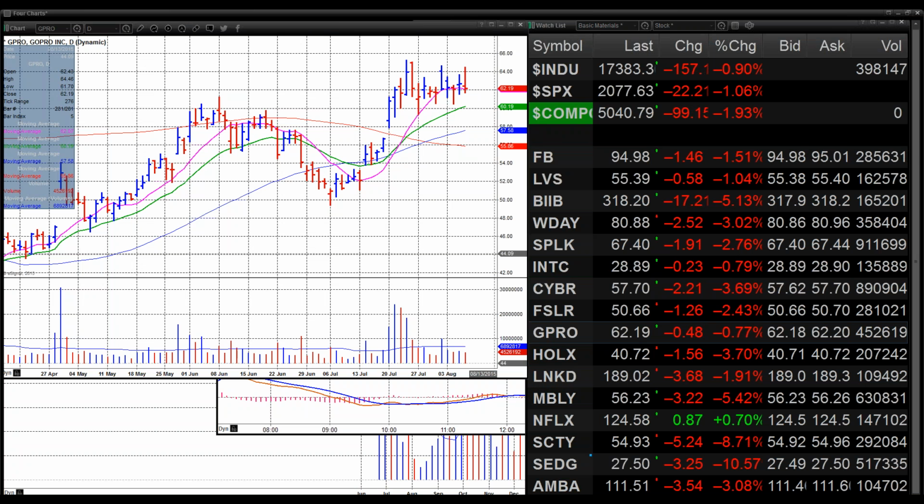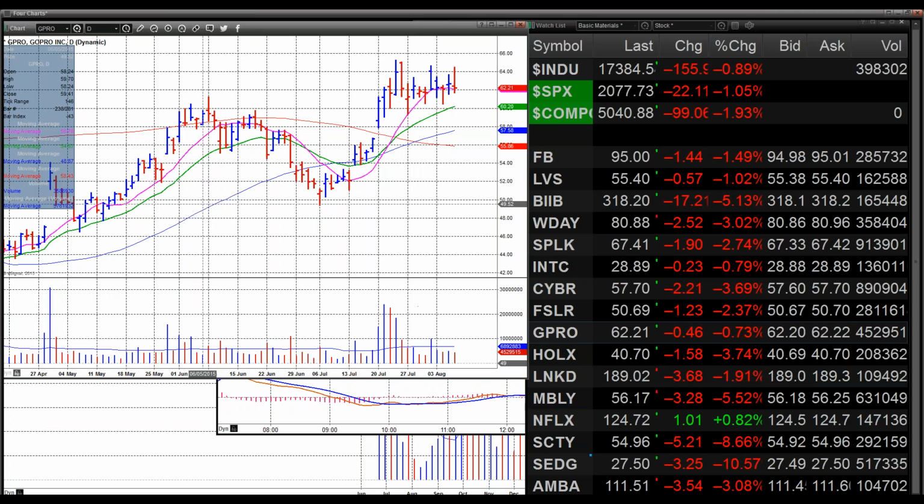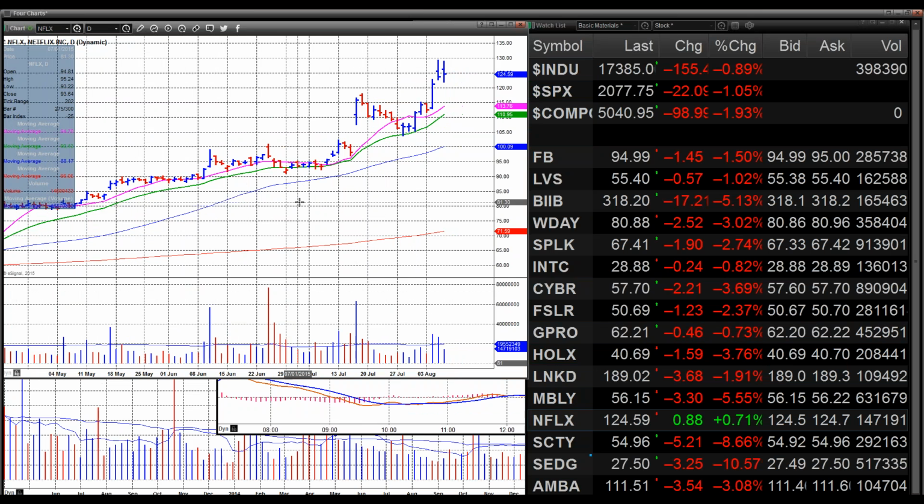You're at 2050 to 690. So it's pretty brutal. Everything. My screen is filled with red. There's almost nothing up. Well, maybe Netflix. But Netflix may be topping here. And for anyone who was wondering what the XIV model is doing today, it's been in cash. So it's not winning or losing right now. Okay.